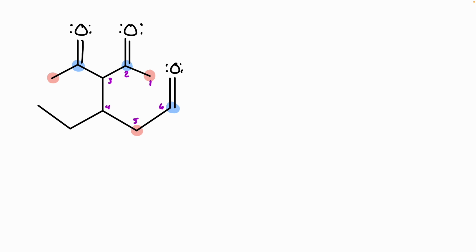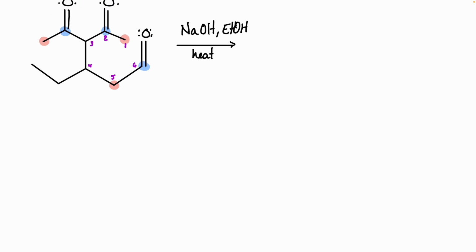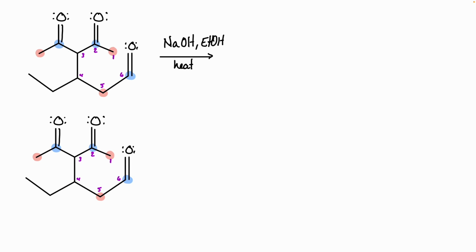And so what's going to happen is we're going to add in our conditions for our aldol condensation. All right, we're going to use sodium hydroxide in ethanol, and apply some heat. Okay, and what's going to happen, let me get rid of my markings here, try to unclutter this a little bit.